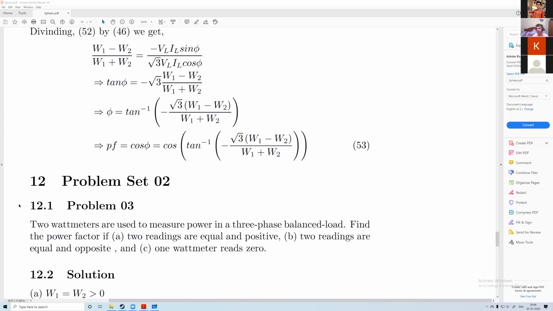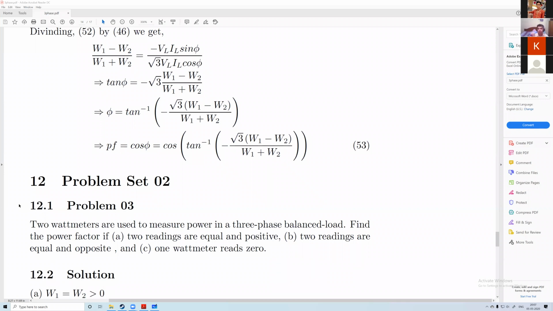For lagging power factor, W1 is greater than W2. For leading power factor, W1 is less than W2. So for what power factor is W1 equal to W2? It cannot be leading, it cannot be lagging. So what is the third option remaining? When no difference, exactly. When phi is 0.